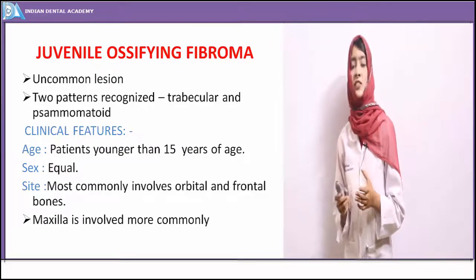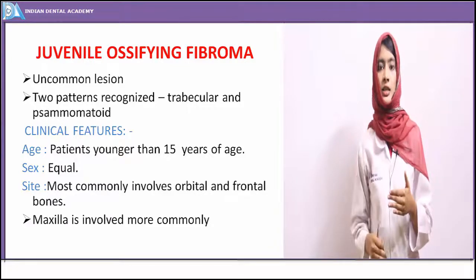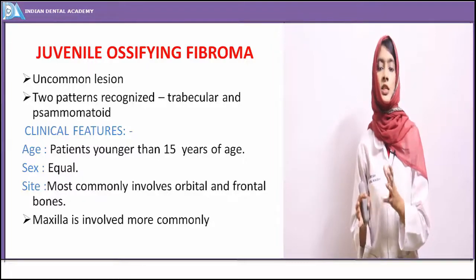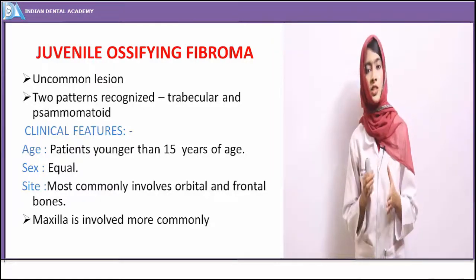So the clinical features: juvenile, as the name indicates, occurs in younger individuals or children, more commonly children and middle-aged younger individuals. Patients will be younger than 15 years of age.